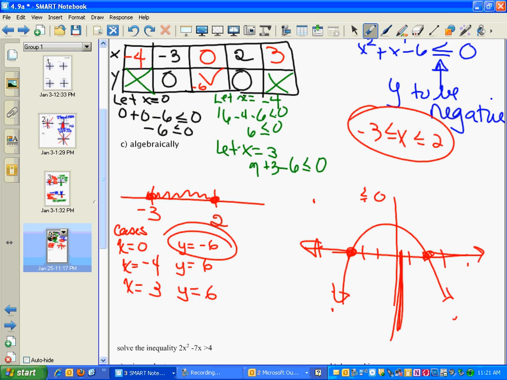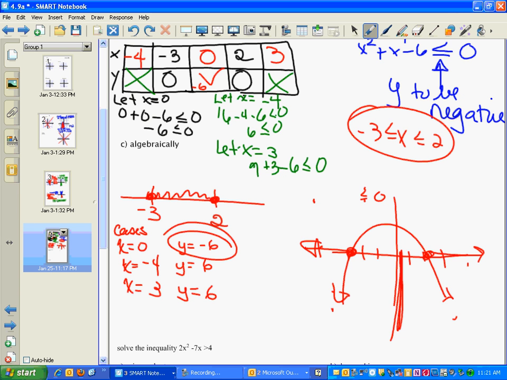And we write again. So I know what these values are, Haley, because of doing it up here. That's why I'm saying the chart and the algebraic are very similar in how they do it. So when x was 0, I got -6. When x was -4, I got +6. And when x was 3, I got +6.